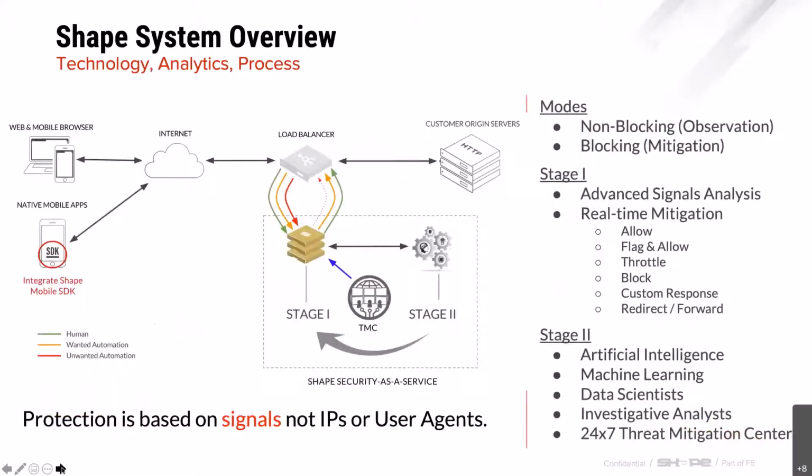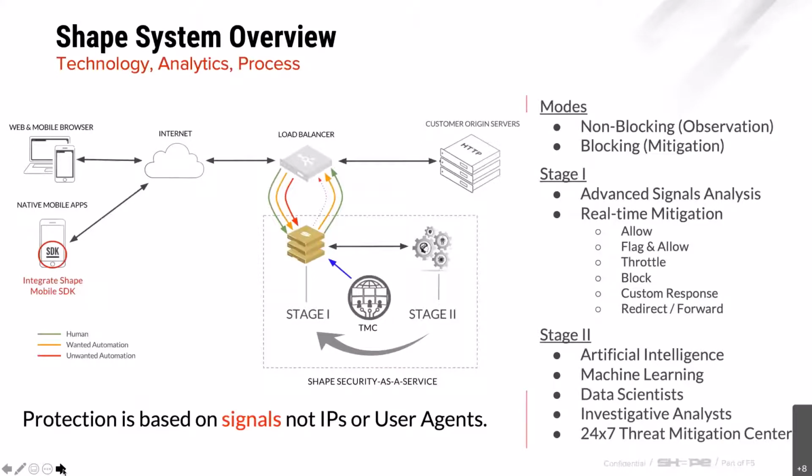Okay, so as an overview, we're in line. On the web or mobile application, because we have an SDK as well, the principle is the same. We're deployed. We collect signals. Those signals are attached to the outgoing request. The request hits your load balancer or some edge location, CDN. The load balancer could be BIG-IP or whatever it is you use.